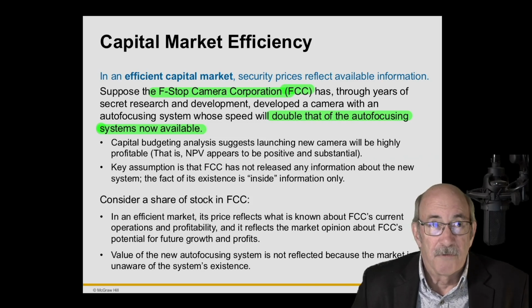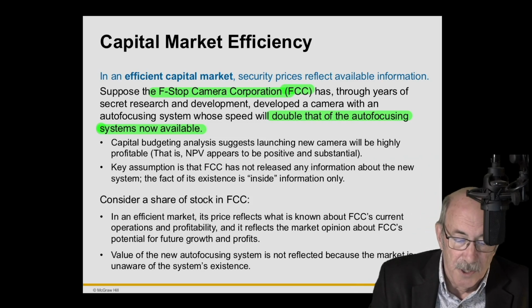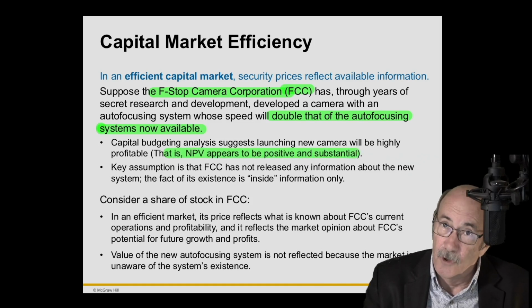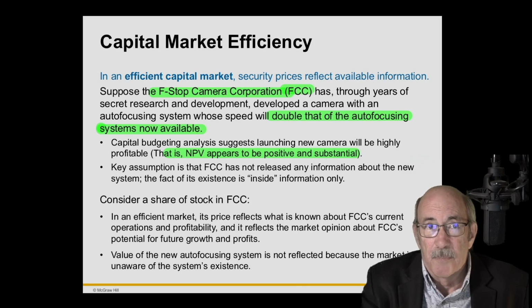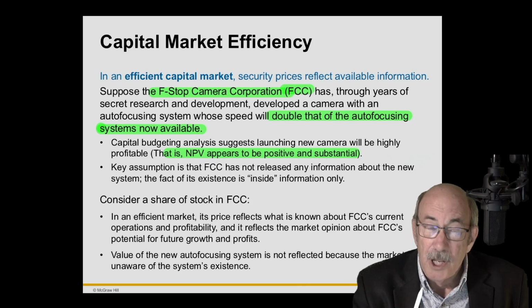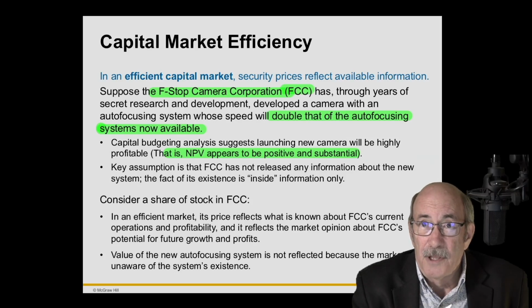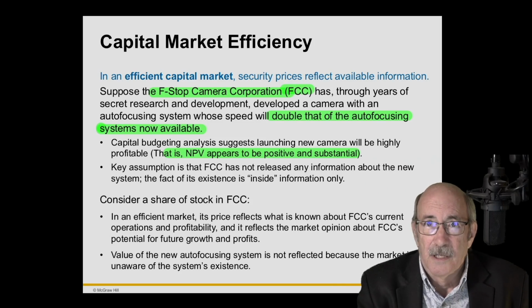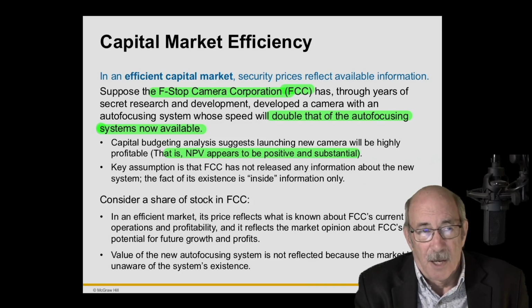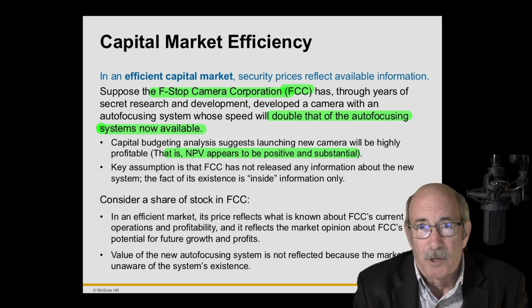So what we find here is that we're told that this is definitely a positive NPV project. So that means for sure the value of the company will go up. Now, right now, nobody else other than insiders in the company know about this, and those insiders have not been allowed to trade. That's another topic that we delve into when we talk about market efficiency.